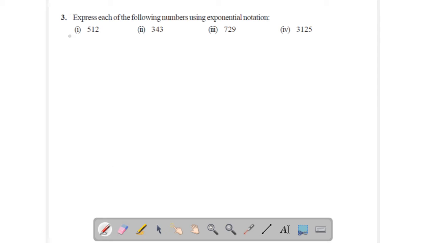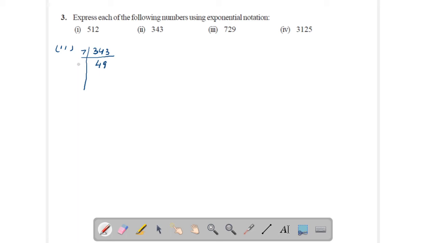Now come to the second part. 343. Now make prime factors of 343. Say 343 is divisible by 7. Divided by 7, you will get 49.